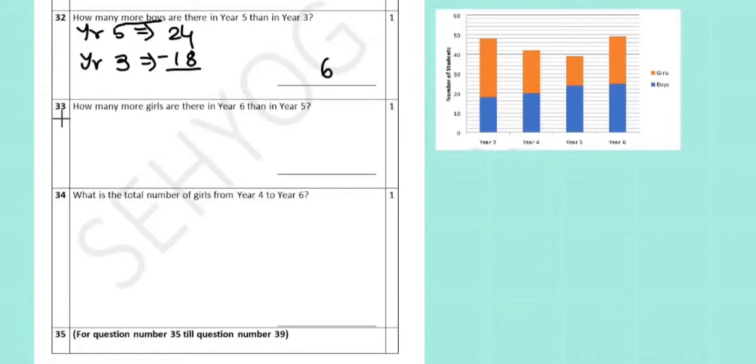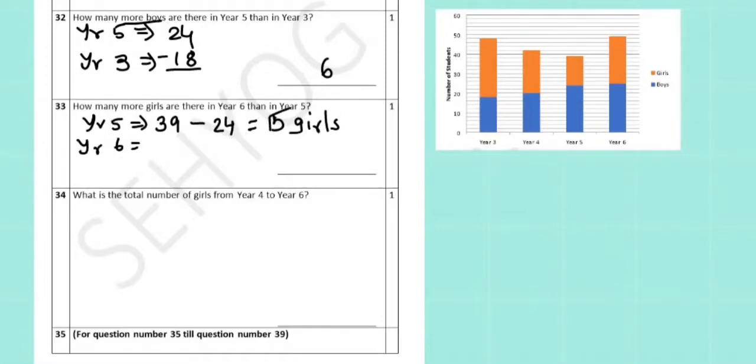In 33, how many more girls in year 6 than in year 5? Now, looking at year 5, the total number of students is half division less than 40. So, that is 1 mark less than 40, 39, and from there subtracting the number of boys, that is 24, we get 15 girls.